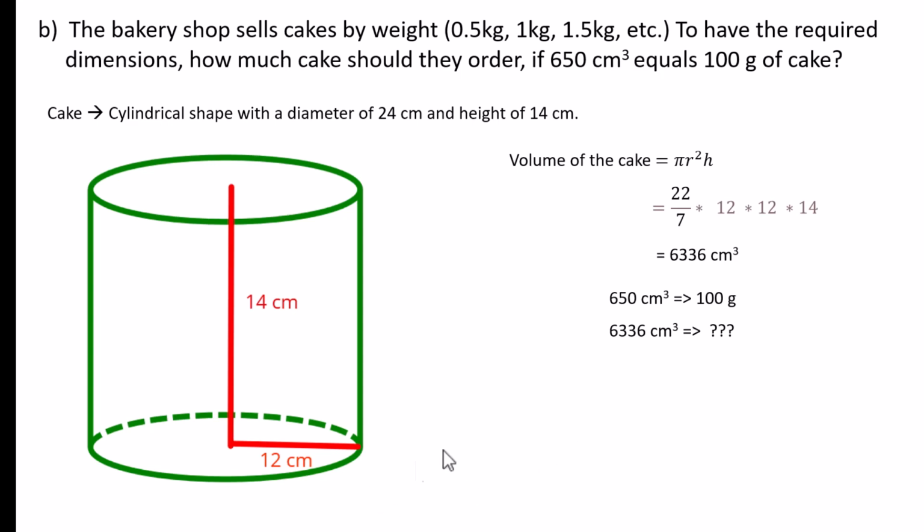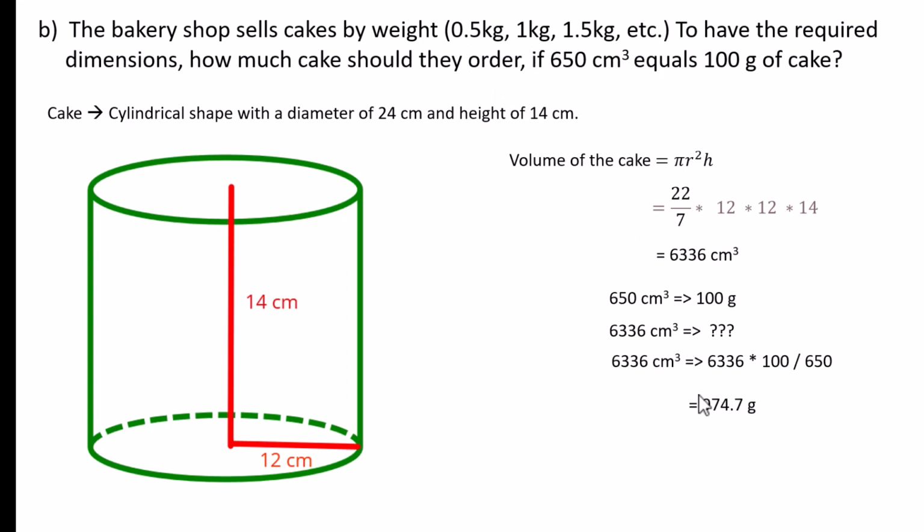Well, for this, we just have to cross multiply. So for 6336 centimeter cube of volume of the cake, it would be 6336 into 100 divided by 650. And once we solve this, we get 974.7 grams of cake that would be required. And this is close to 1 kilogram.